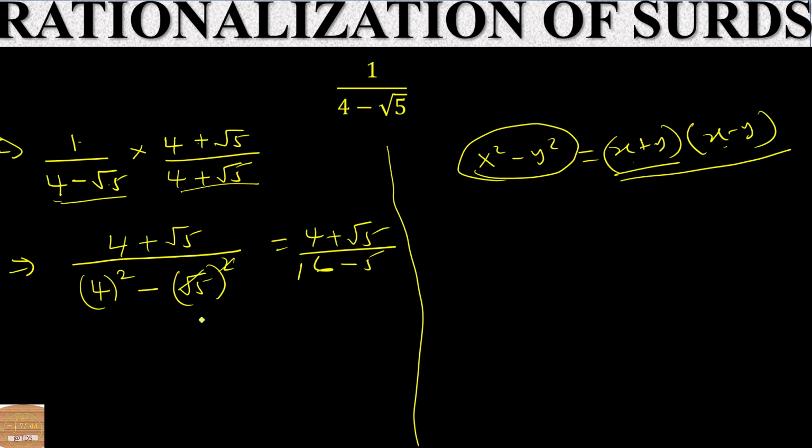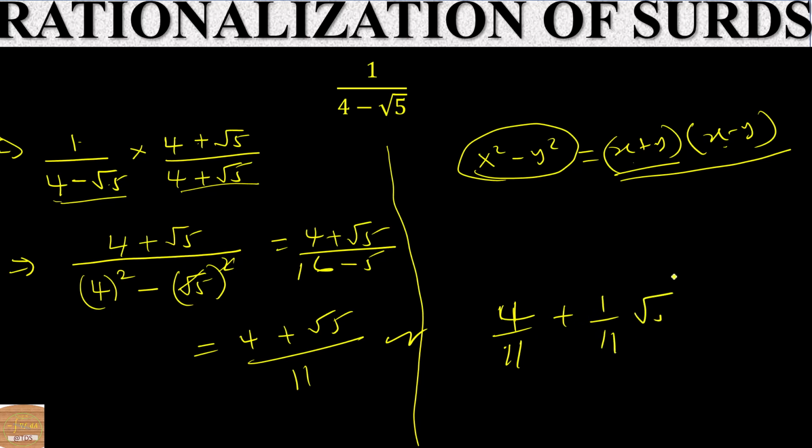All right. So we have 4 plus root 5 on 11. Or we can say 4 over 11 plus 1 over 11 root 5. So this one is also correct.